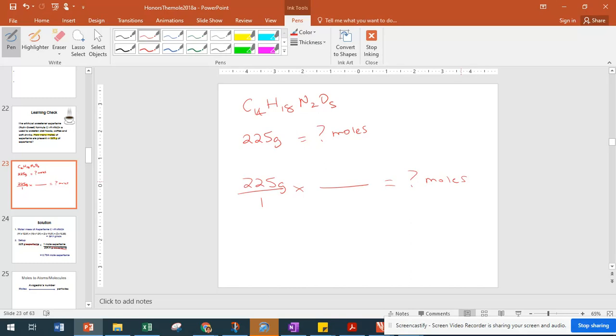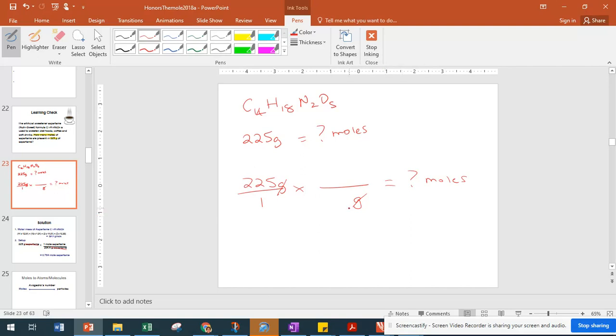Now, since we're given grams, the unit we're starting with should go in the bottom of our conversion factor. So we have grams here, and this will allow grams to cancel out. The only conversion factor which has grams in it is molar mass. Avogadro's number does not have grams in it.